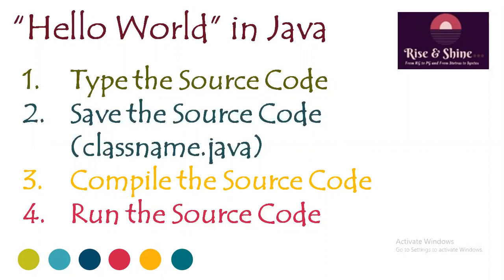First it gets compiled, that is source code gets converted into some intermediate code, that is bytecode, and then that bytecode is interpreted using the JVM and converted into native code or operating system understandable code.